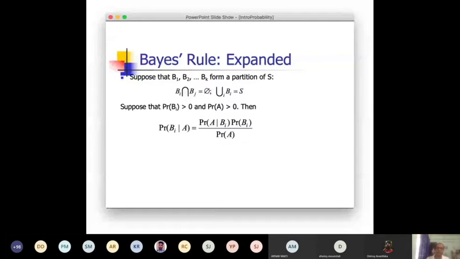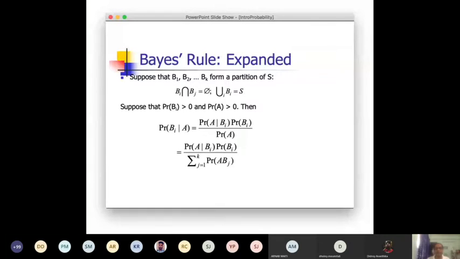You are considering the probability of a particular event Bi given A. Now this can be written as probability of A given Bi into probability of Bi, divided by probability of A. In the denominator is probability of A, which we can expand in this form.